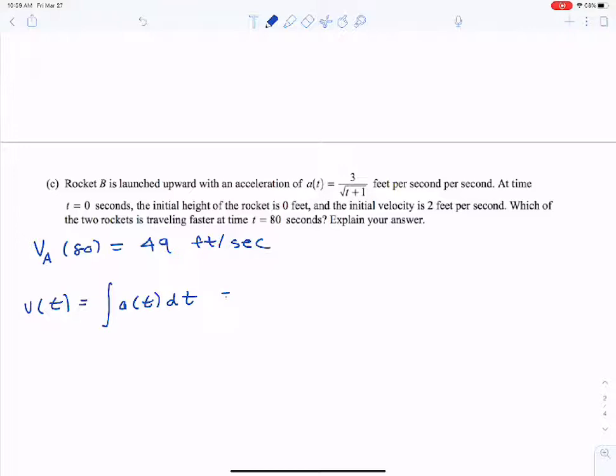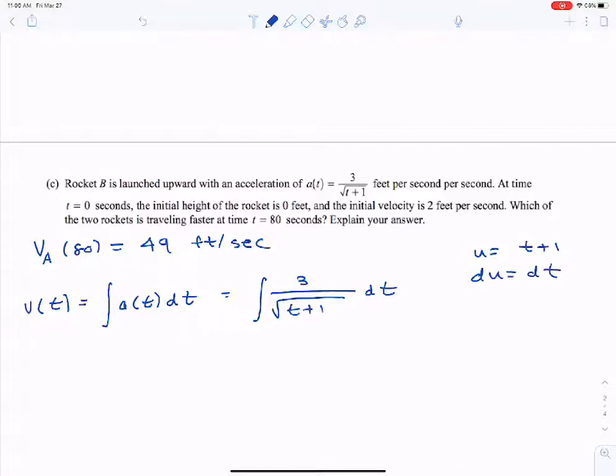So in this case, that is going to be equal to this. Okay, so we're going to integrate this like we normally would. I'm going to let u equal t plus 1, and then du equals dt. That's nice and easy.